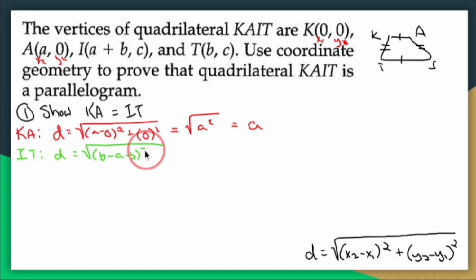I know that looks weird, but trust me. Plus c minus c, which is 0, so 0 squared. B minus b cancels out, giving me a squared. Plus 0 is just a squared. And again, the square root of a squared is a.